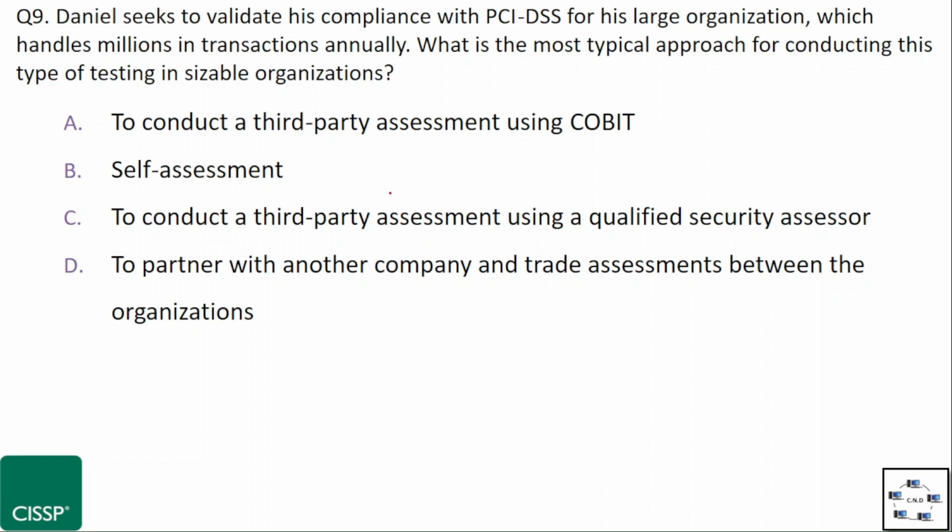let me underline the correct option. Option C, to conduct a third-party assessment using a qualified security assessor. Let me bring up the explanation.